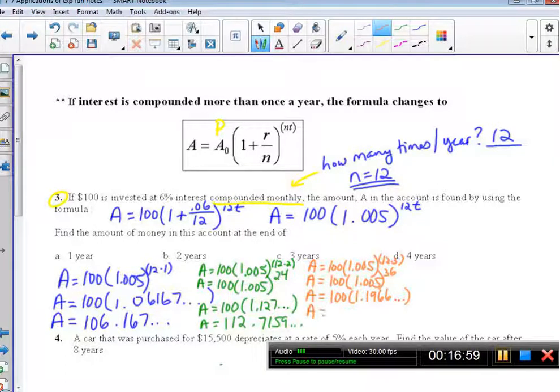And then that's going to be 119.668. And then for 4 years, it would be A equals 100 times 1.005 to the 12 times 4. And this gives you 127.0489 dot, dot, dot.